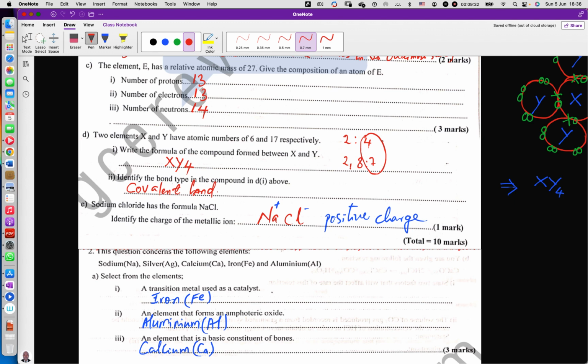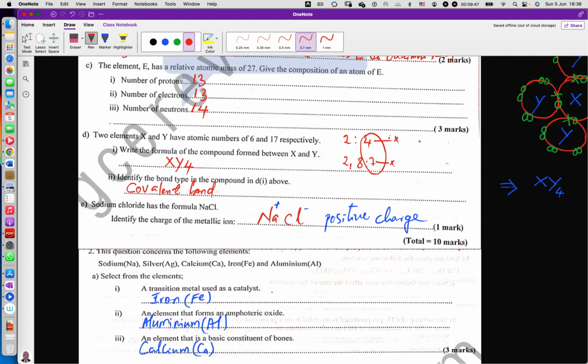X has 4 valence electrons, and Y has 7 valence electrons.